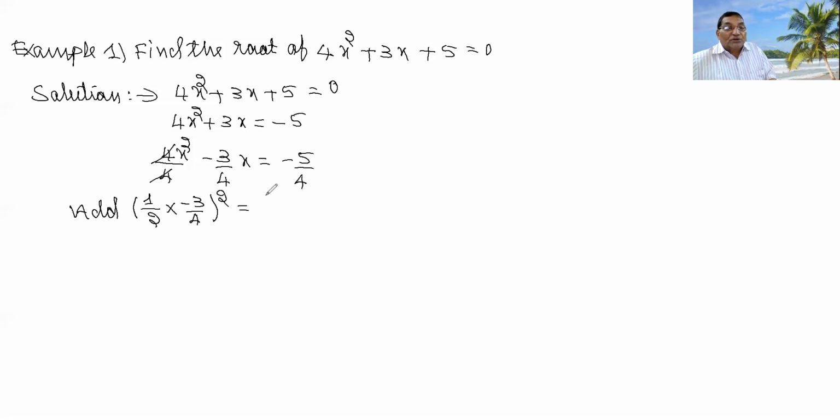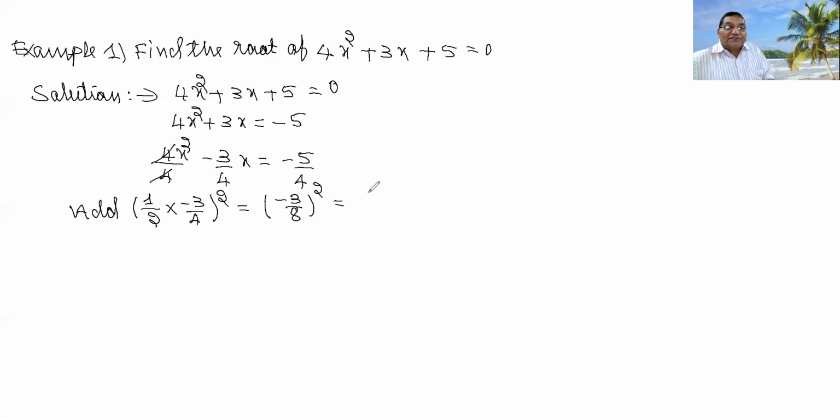Now this is equal to 3 upon 8 bracket square. Now this can be added to the LHS. Then on the RHS, you can add the same thing, but now you can save time in the examination hall.